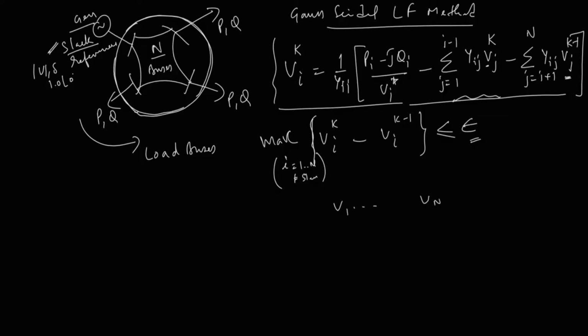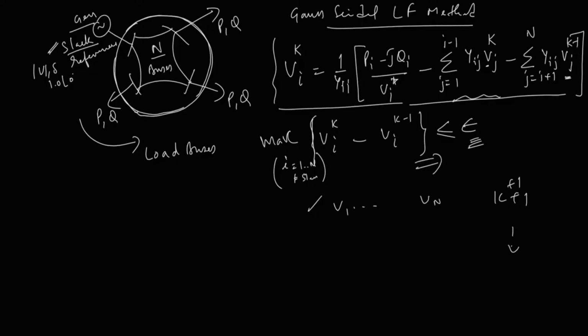Otherwise, if the deviation is greater than epsilon, repeat the iterative process, finding all V1 to Vn for the next iteration k plus 1, and go on till this is satisfied.